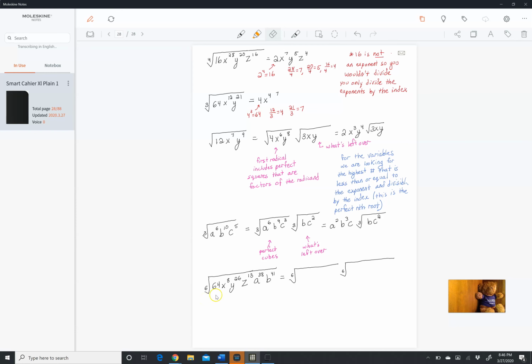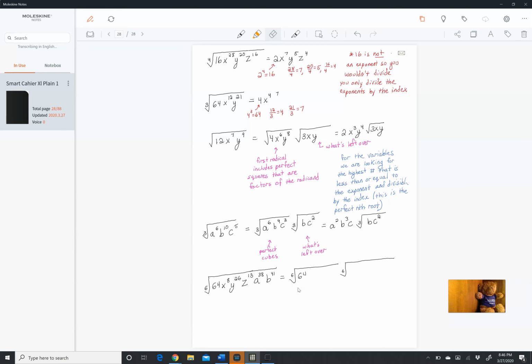So if 2 to the 6th had not been 64, 3 to the 6th is going to be much, much larger. 4 to the 6th is going to be huge. 5 to the 6th is going to be huge. So with 64, you start at the lower numbers. But it's brute force. If you don't know that it's 2 to the 6th, you have to just try lots of different numbers. So 64 is a perfect 6th root.